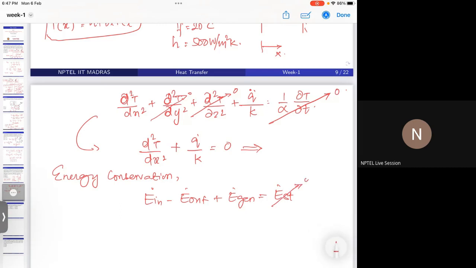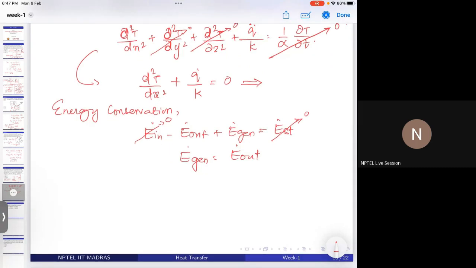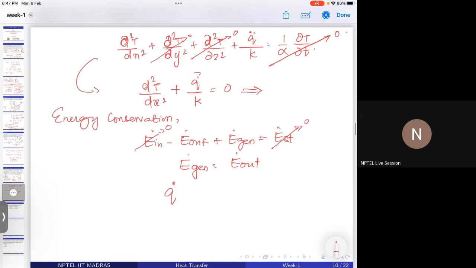This is a steady state, so the change term is zero, and there is no energy that is coming in, so this is also zero. So we can say E dot gen, whatever heat is generated, should leave the wall. Here q dot is the volumetric heat generation rate. I hope you know this q dot is the volumetric heat generation rate.